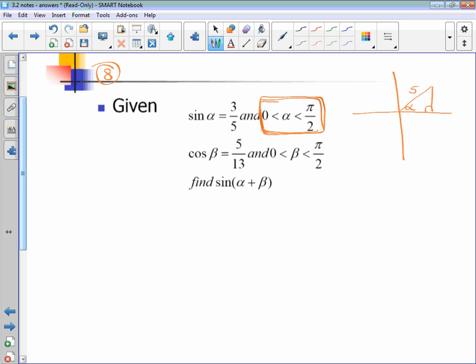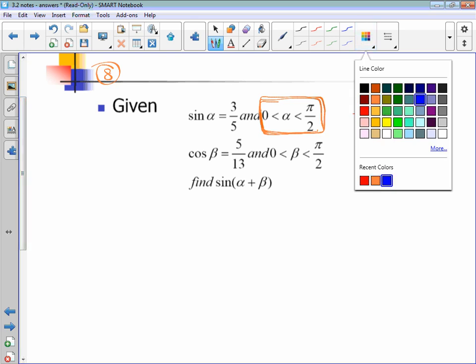And where does the 3 go? It's opposite of my angle. What's the other side of my triangle going to be? 4. If I had to draw it in a different quadrant, you would have to think about your signs, like what would be negative and where would those go. Is the hypotenuse ever negative? No. All right, so we have a little triangle drawn for alpha.